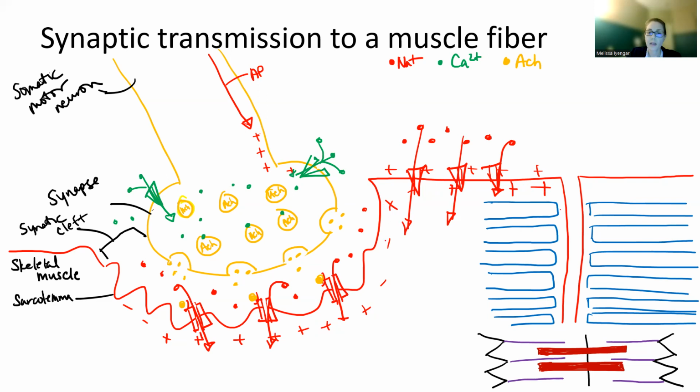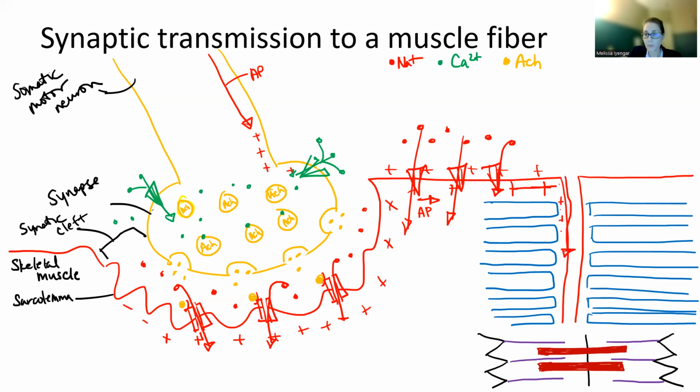So here's where it's going to be different than what you learned last time. This is where we stopped. We created an action potential along our cell membrane. But now, because we have a muscle fiber, once we reach the T-tubule right here, that positive charge goes down the T-tubule.